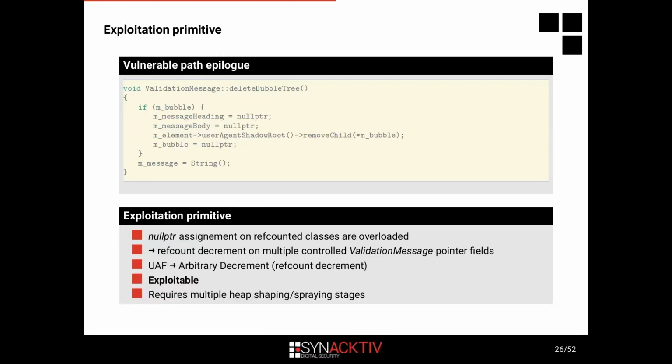This means that if we manage to reuse our target object properly, we have a ref count decrement on multiple controlled validation message fields, which means that we can turn our initial use after free into an arbitrary decrement, and this is exploitable.